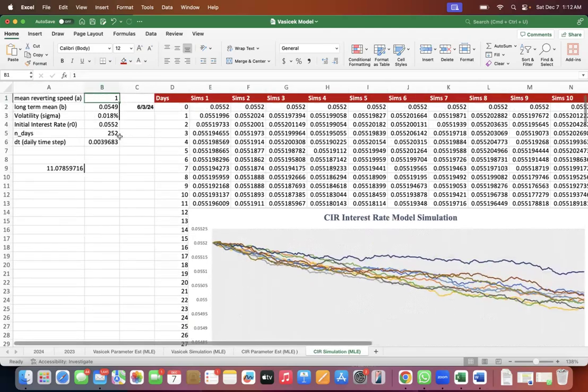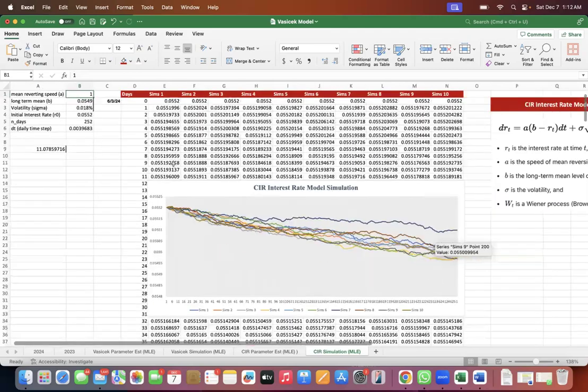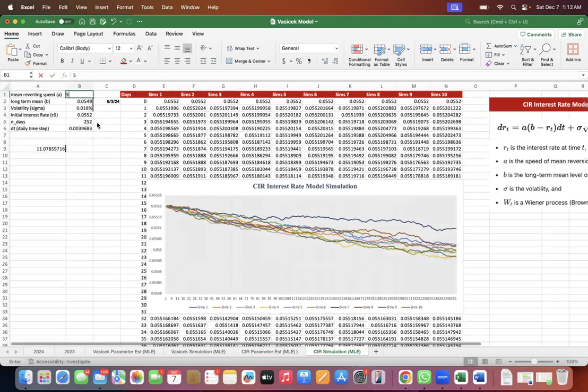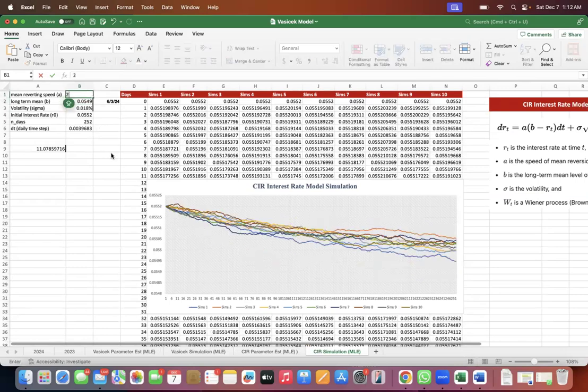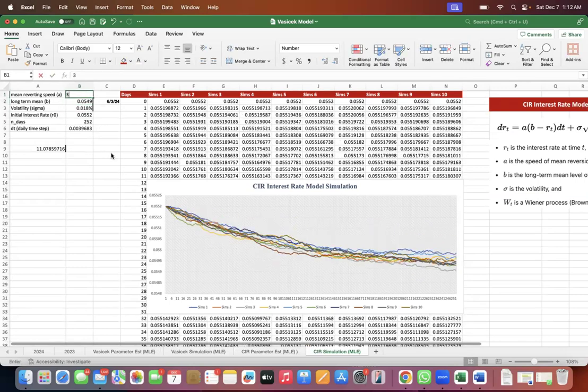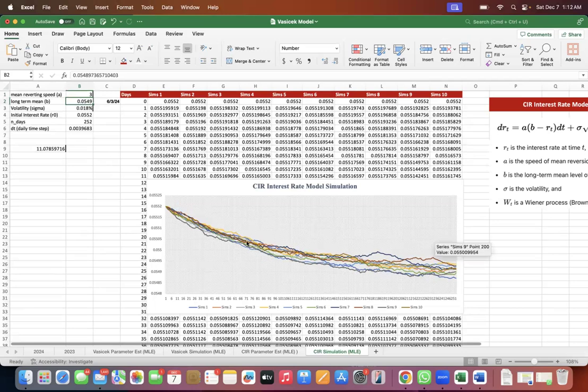But now just look at this graph. Let's take it as 1. Now let's see 2, 3. If you see now, the speed of convergence to the long term mean, which is 5.49%, is increasing.